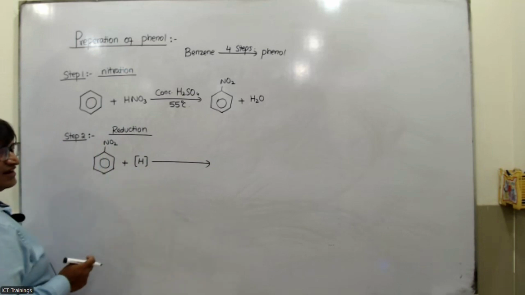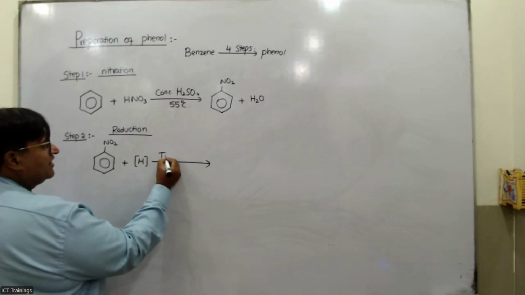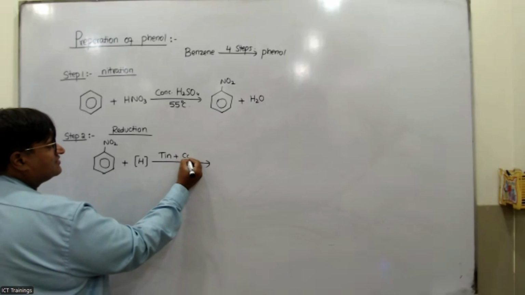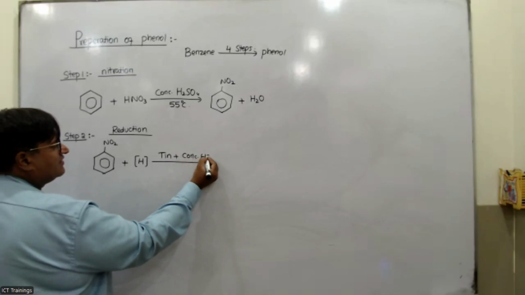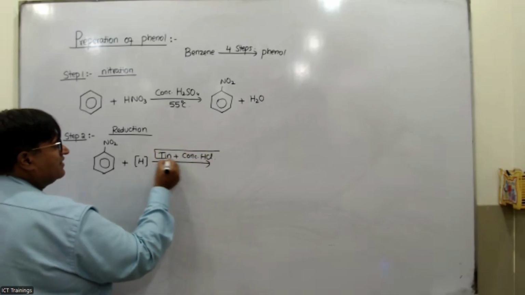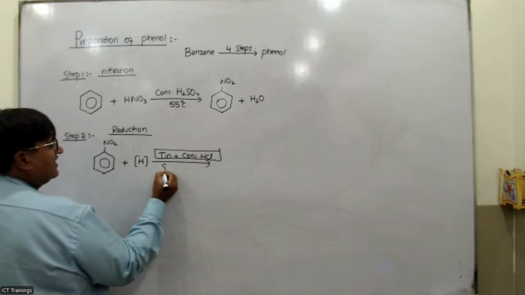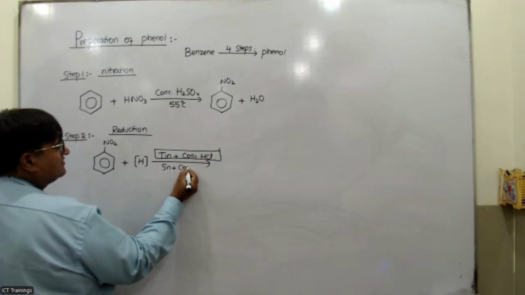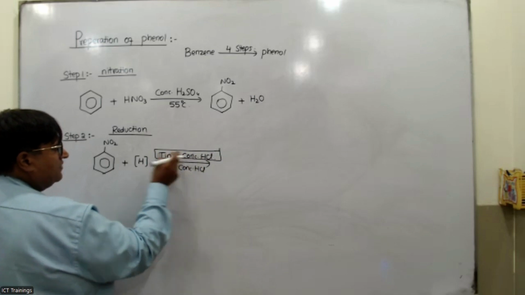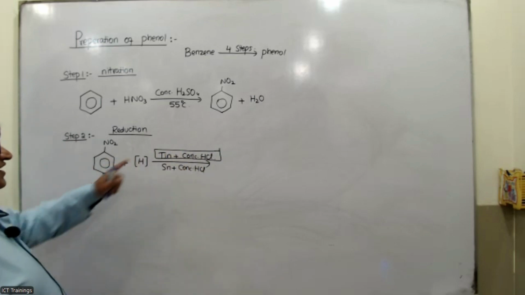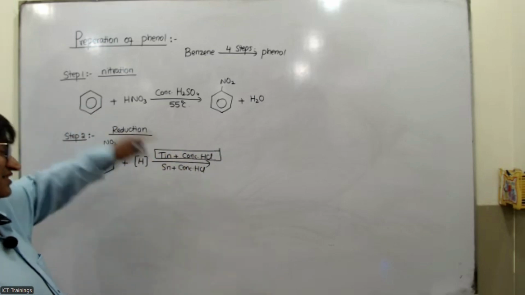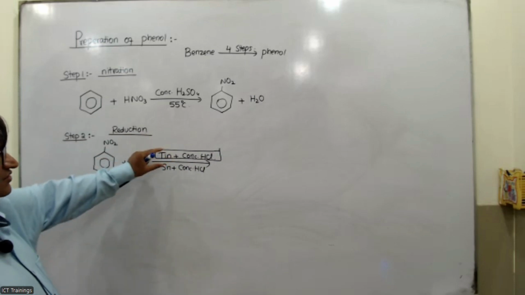For the reduction of nitrobenzene, normally we use tin plus concentrated HCl. Remember, the symbol of tin is Sn. So Sn plus concentrated HCl, both mean the same. Tin plus concentrated HCl is a reducing agent.